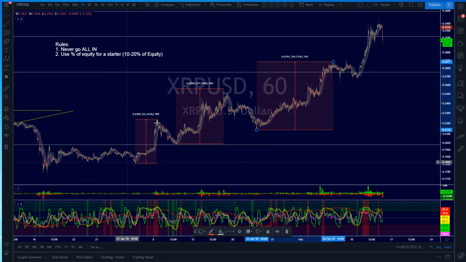So now you made $10, you made $13, and now, off this new $50 trade, you're looking to make 34% profit on top of that. So 50 times 34.71. So now you made $17. First you made $10, then $13, then $17.